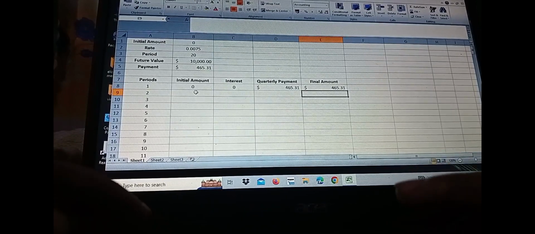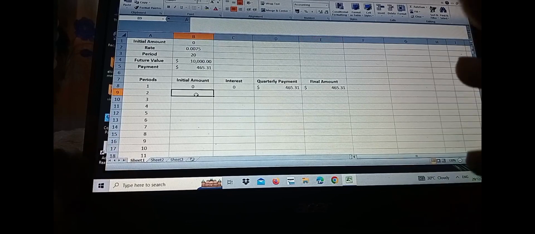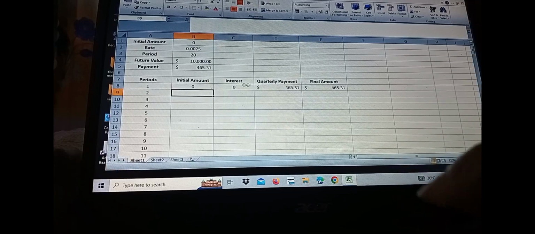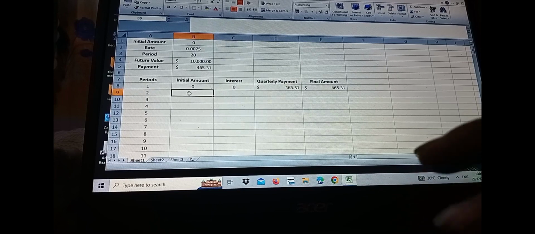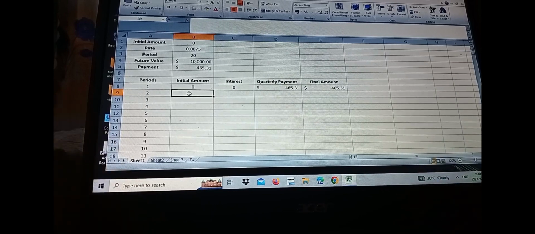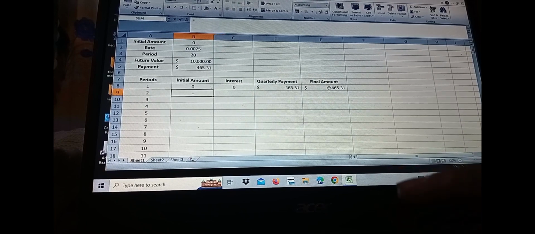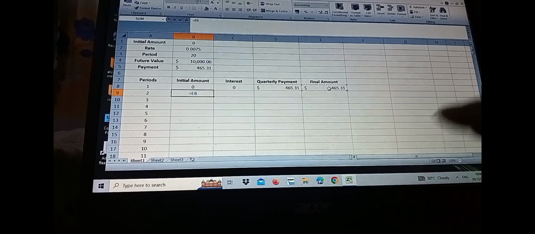So we have 465.31. For the initial amount in the second period, we should just copy the final amount in the first period. So we put an equal sign, and then click the first period of the final amount, and then enter.